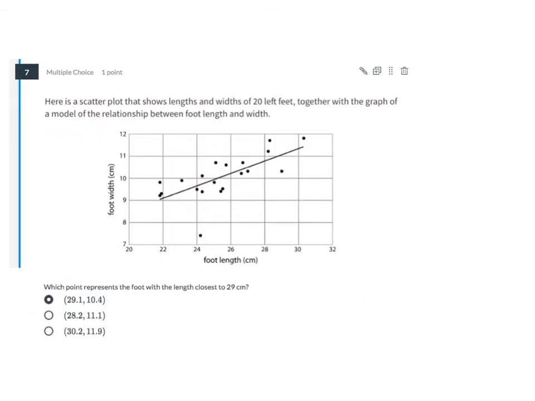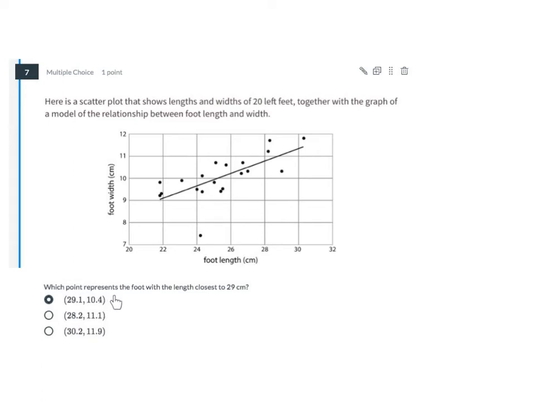All right, number 7, here's a scatter plot that shows the length and the width of 20 left feet, okay? And so we have the foot length, foot width, and it says which point represents the foot with the length closest to 29. So we're looking at 29. So that's going to be kind of here. First of all, we have a point of length comma width, okay?